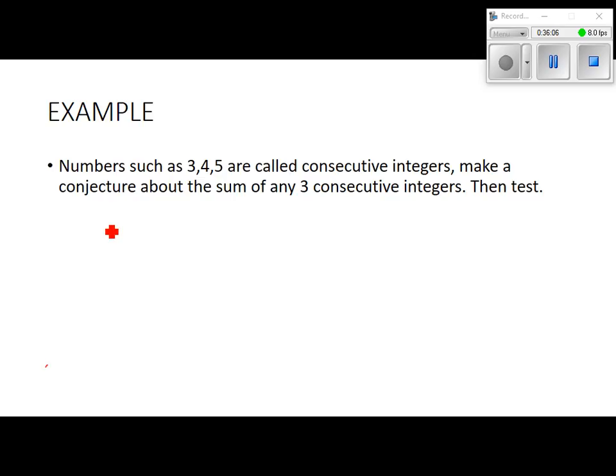Don't just say they're in order. Well, no kidding, that's why they're called consecutive integers. That doesn't take any brain power whatsoever. Come up with something. Pick 3 consecutive numbers and try to come up with some kind of conjecture you can make about them.